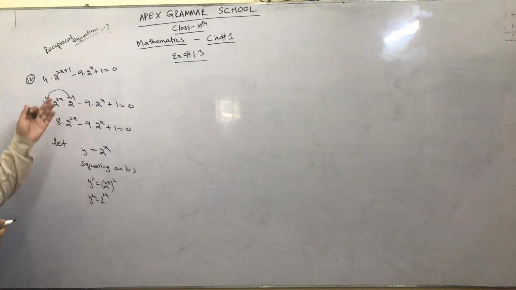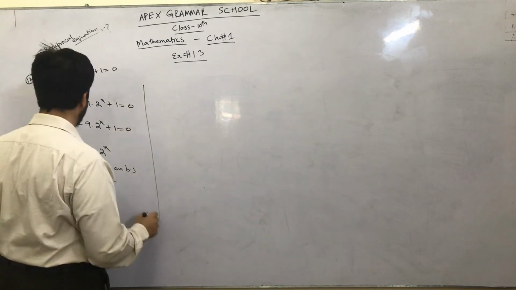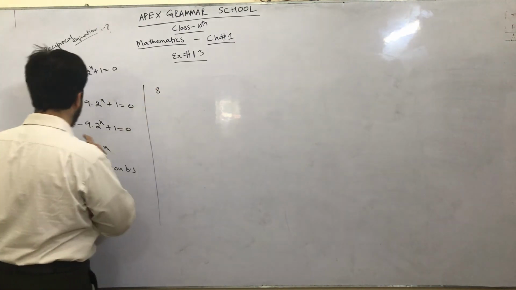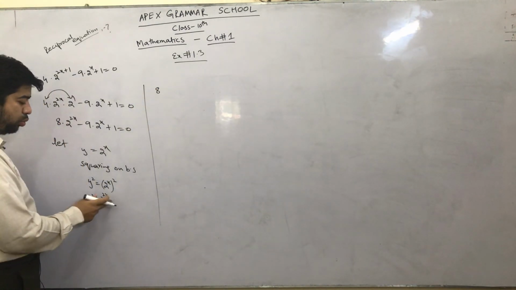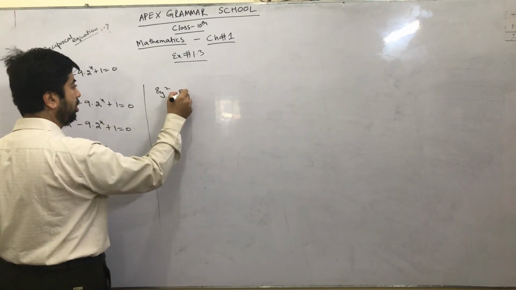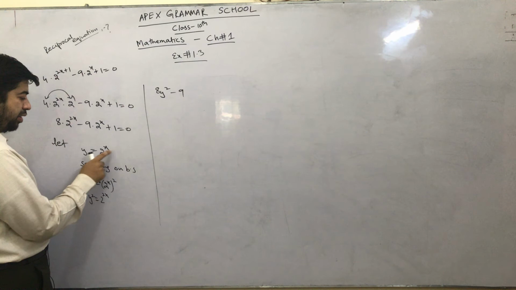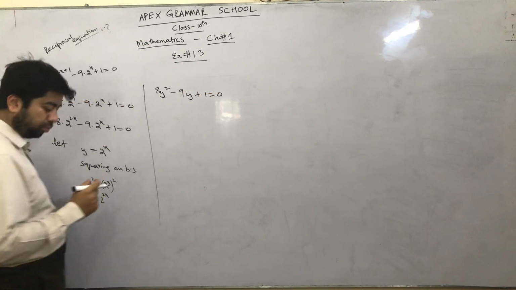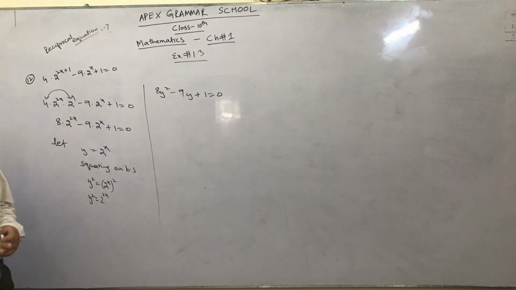Now replace these values in it. 8 multiplied by 2 raised power 2x, 2 raised power 2x means y square. After that minus 9 times 2 raised power x, 2 raised power x means y, plus 1 is equal to 0.